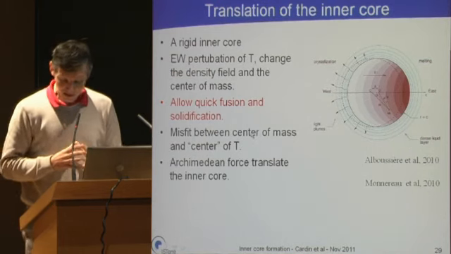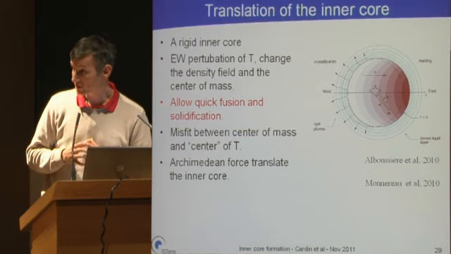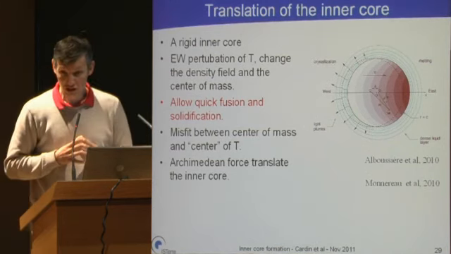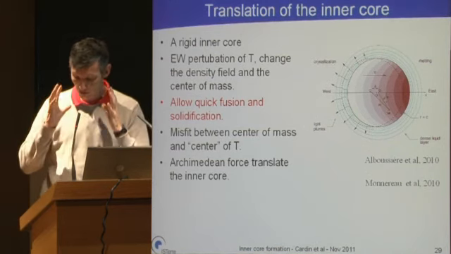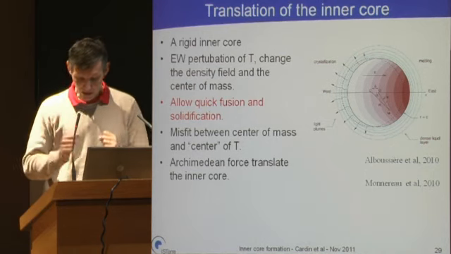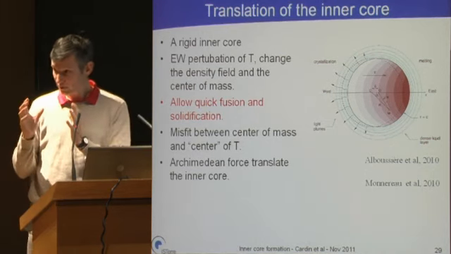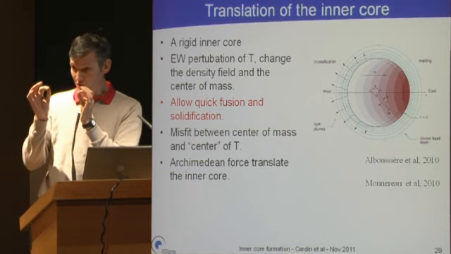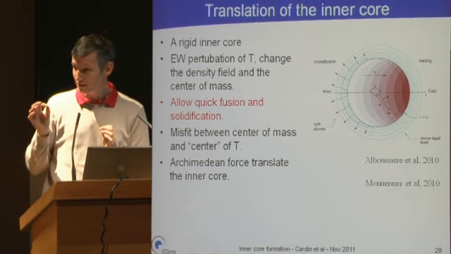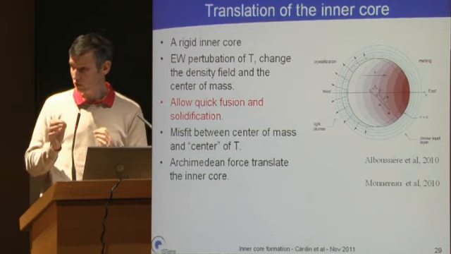And really, it is an Archimedean force. You have to understand this translation. You suppose the core cannot deform, it's a rigid body, and then you move it a little bit, and you have a difference between the center of mass and the center of temperature.